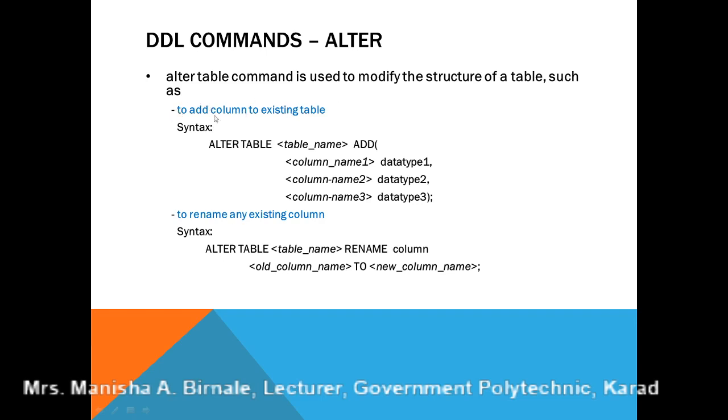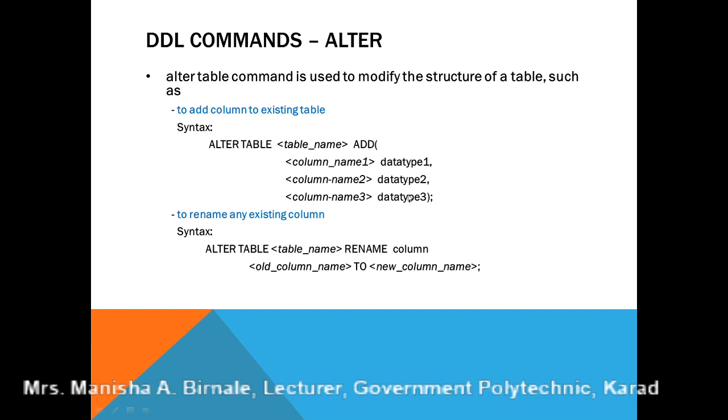Let us see first, how to add a column to an existing table. So your table is already created, but now you want to add one more column in the table. The syntax for that is alter table. In front of it you have to write the table name, then use the keyword add because you want to add a new column, and in round brackets you can specify the new column name and its data type.